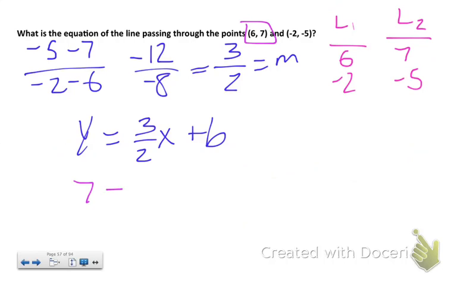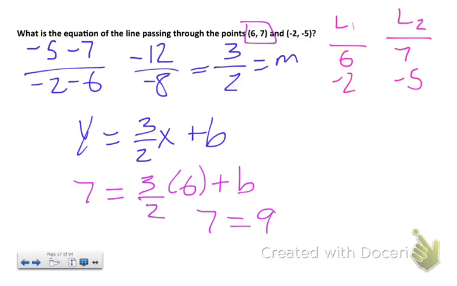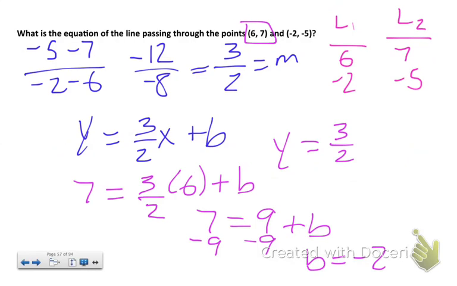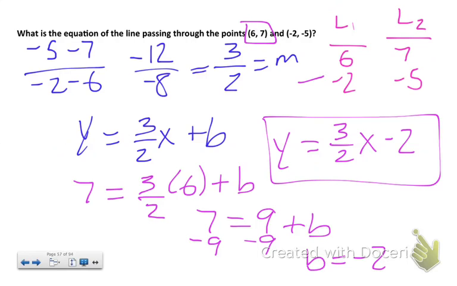So 7 equals 3/2 times 6 plus b. 3/2 times 6 gives you 18 divided by 2 is 9. So 7 equals 9 plus b. Subtract 9 from both sides, and b is -2. So the final equation of your line would be y equals 3/2 x minus 2. Now, if you did that by hand, I would go ahead and do this in your calculator just to double check that you got the right answer.